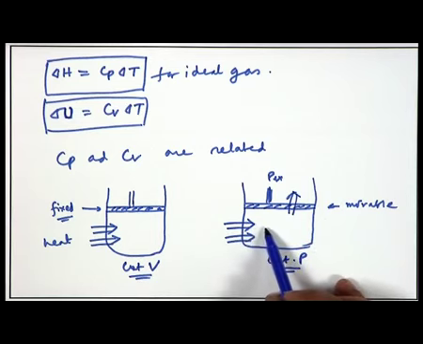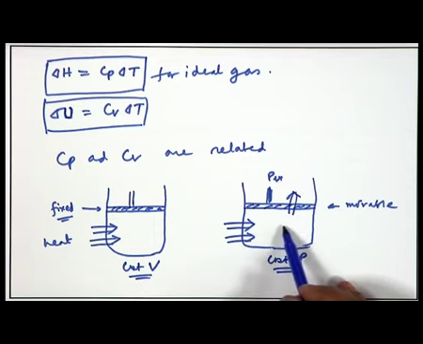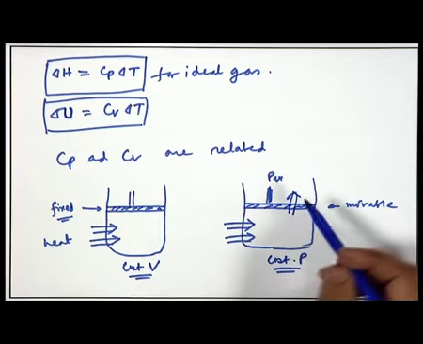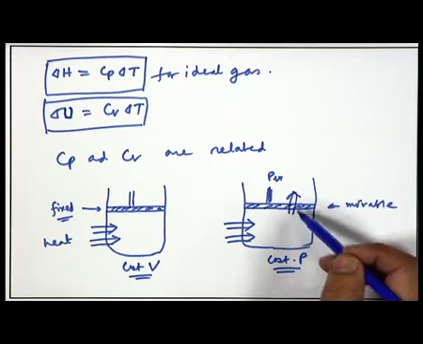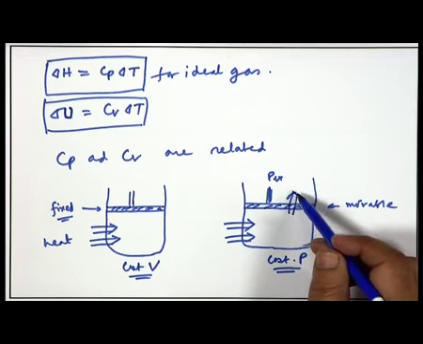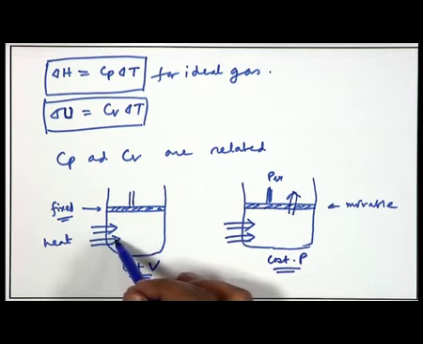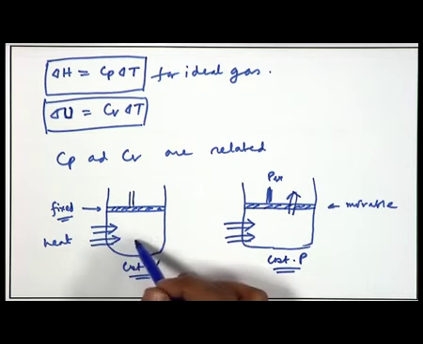Now you can compare that in the constant pressure process, whatever energy you have supplied as heat is used to increase the internal energy or the temperature of the system, plus some of it is lost as work done on the surroundings. But here, whatever you are adding as heat is all utilized to increase the temperature.